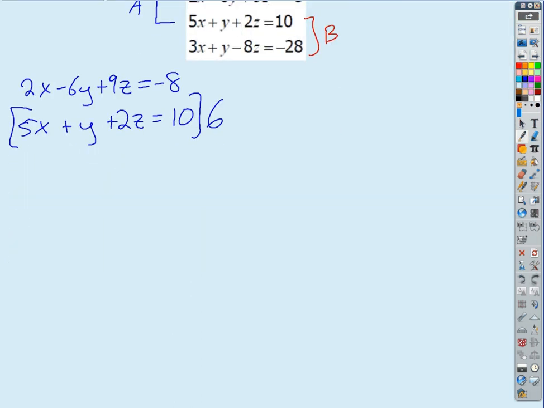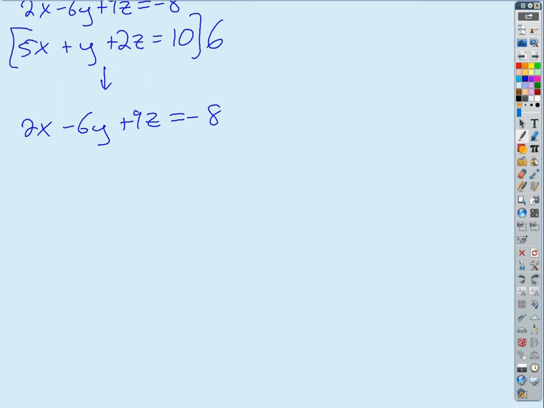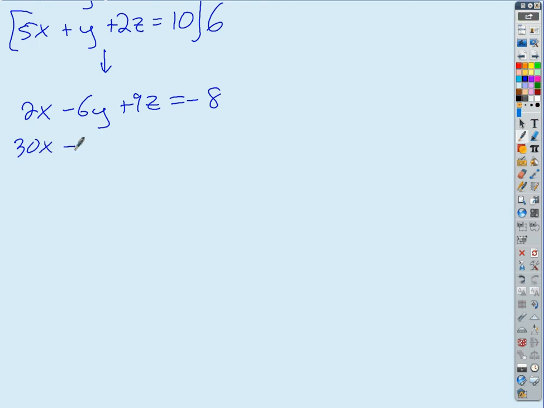So then what's that give us? If we do that, that gives us the new system 2x minus 6y plus 9z equals negative 8. And if I distribute the 6 all the way through here, you guys help me out. What am I going to get? 30x plus 6y plus 12z equals 60. Okay? And then if I add those vertically, we get the y's to cancel, and look what comes out of that.